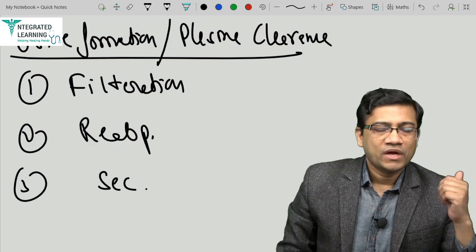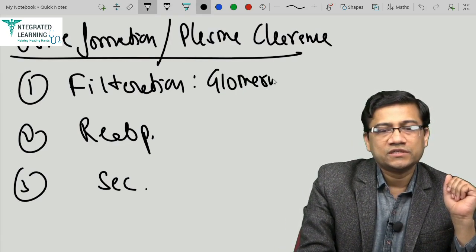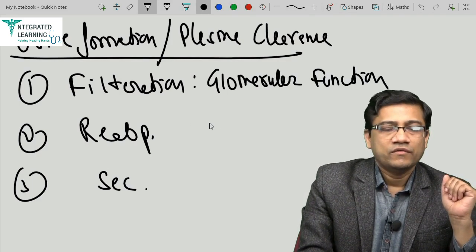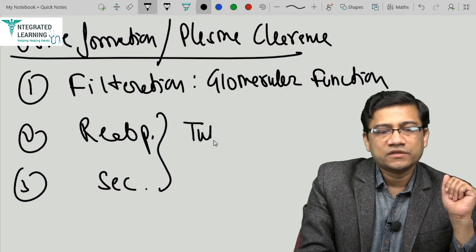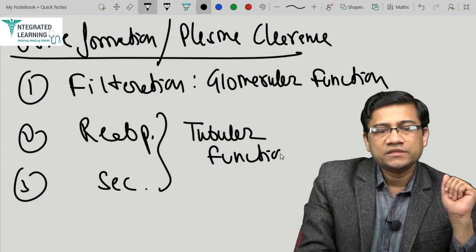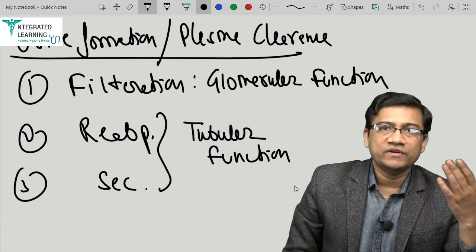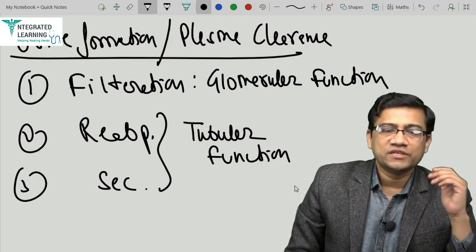Now filtration is a glomerular function, whereas the other two are tubular functions performed by the peritubular capillaries and the tubular cells. So in the kidney there are two primary functions, filtration and tubular reabsorption and secretion.